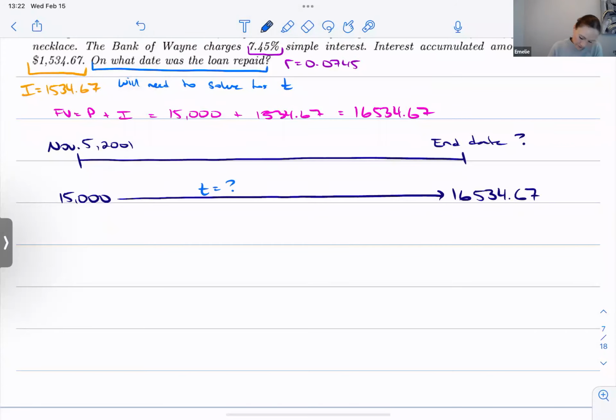I'm trying to solve for t here. And let's put 0.0745 on the arrow. Looks like I have all my components that I need in order to solve for t.